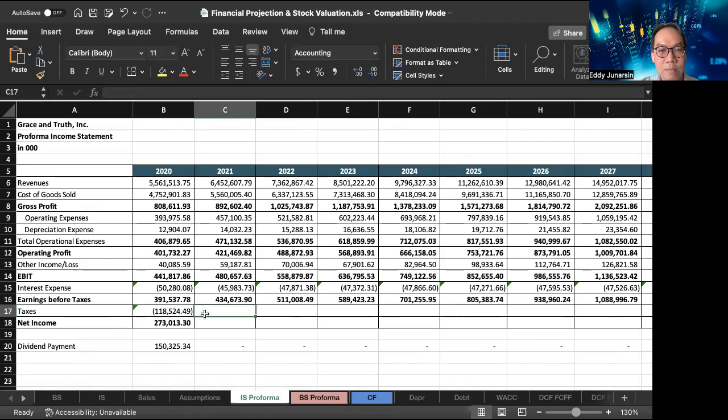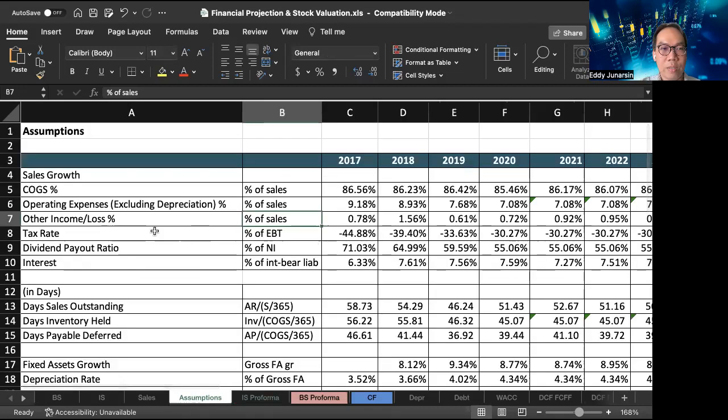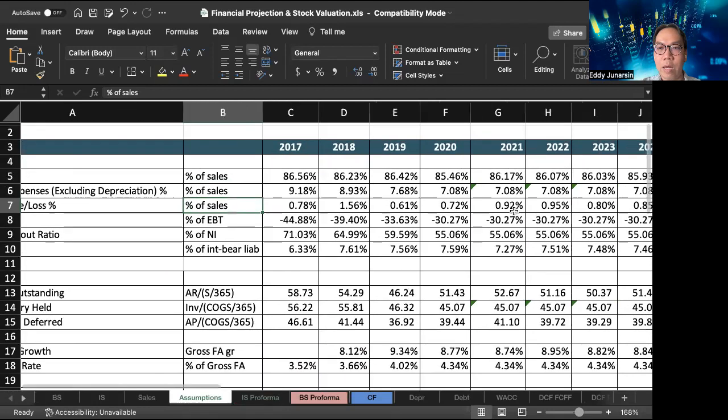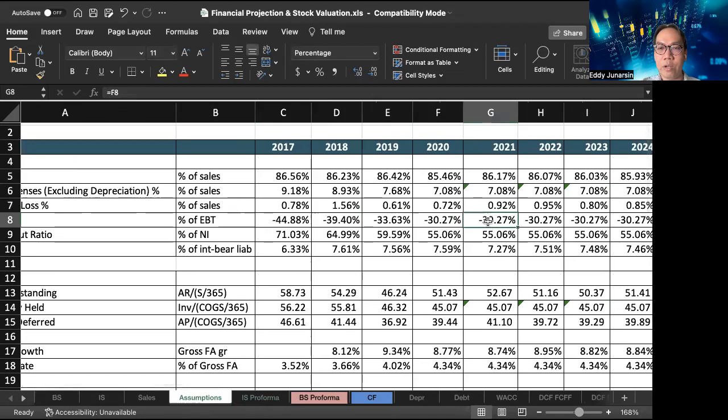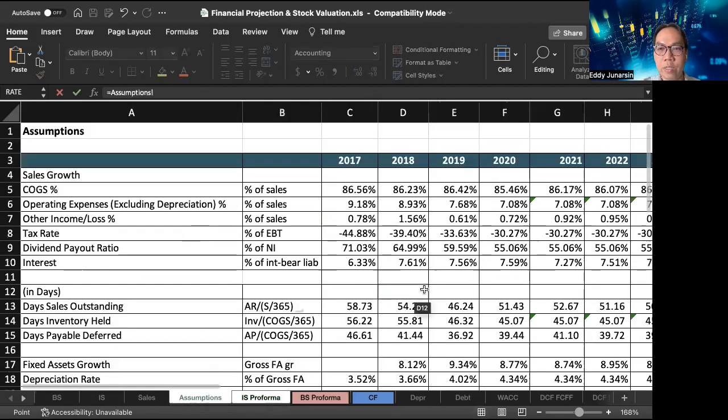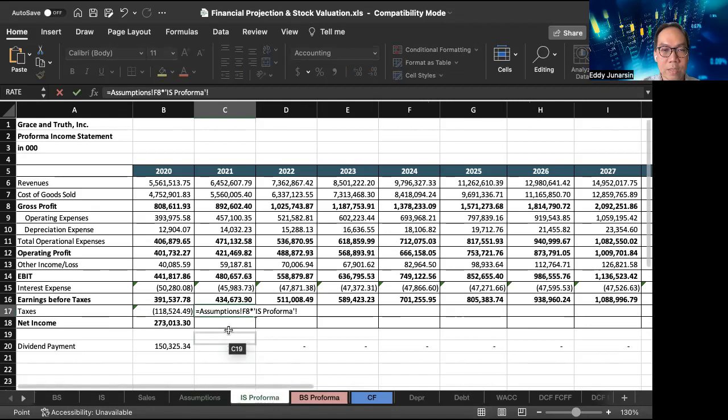Taxes. I think we are assuming, where is it? Tax rate. Yeah, I think we are following again the ratio in 2020. So just use the ratio here times the earnings before taxes in 2021. Yeah, this one.